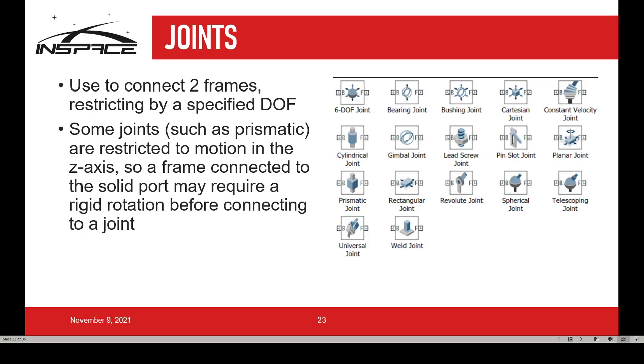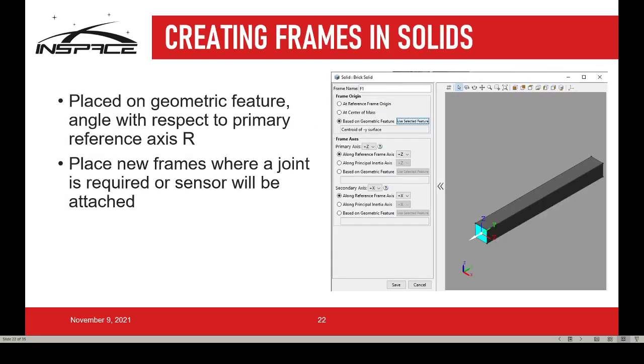And that joint is basically going to allow degrees of freedom between the two frames. If you haven't taken dynamics of machinery yet, a degree of freedom is effectively a direction that something is allowed to move.